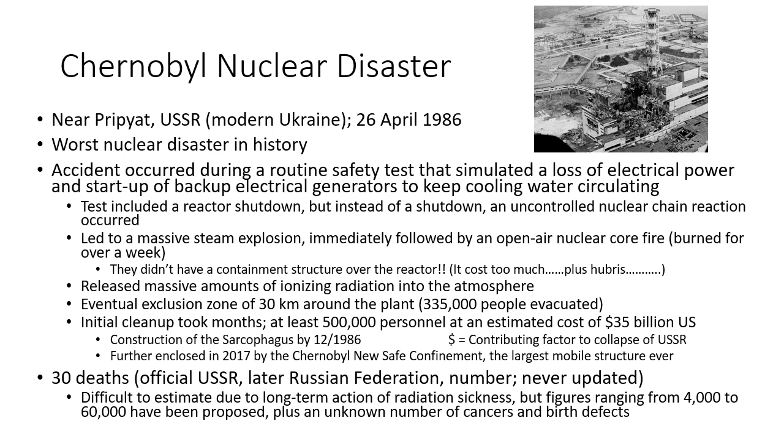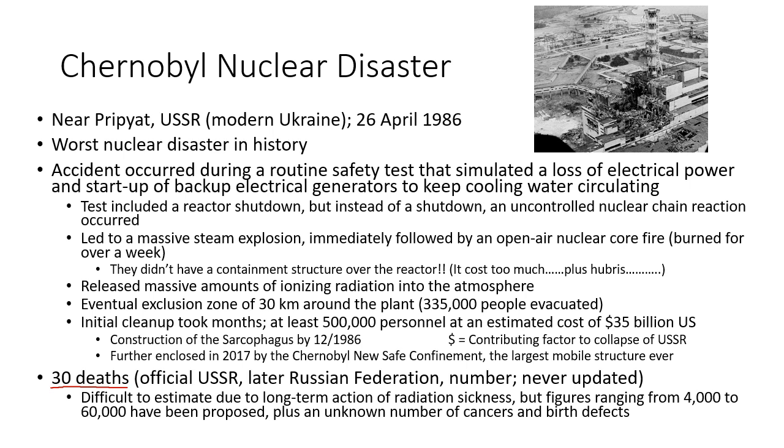Officially, according to the USSR, there were only 30 deaths, although virtually everybody contests that number, including locals who lost family members. The Russian Federation never updated that number, but it's difficult to determine the long-term incidence of cancers, birth defects, all of those things that happened in people affected by the radiation in the city of Pripyat in Ukraine.